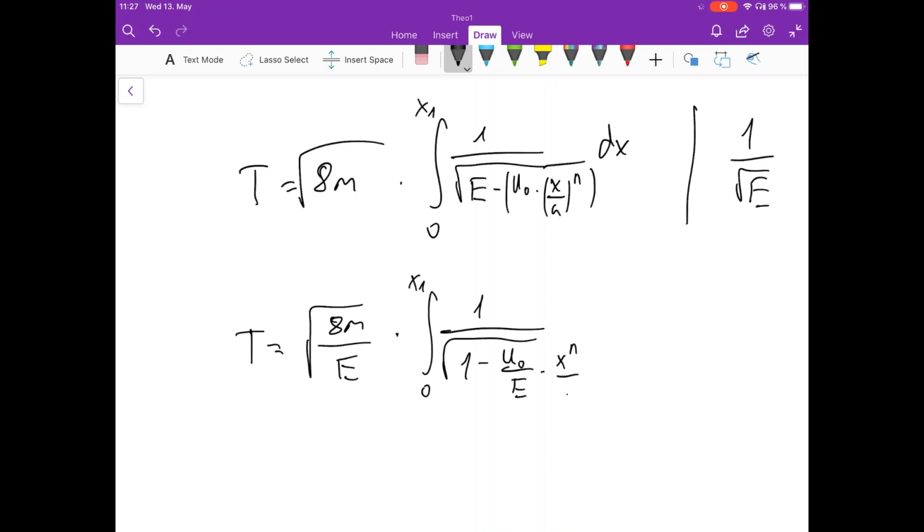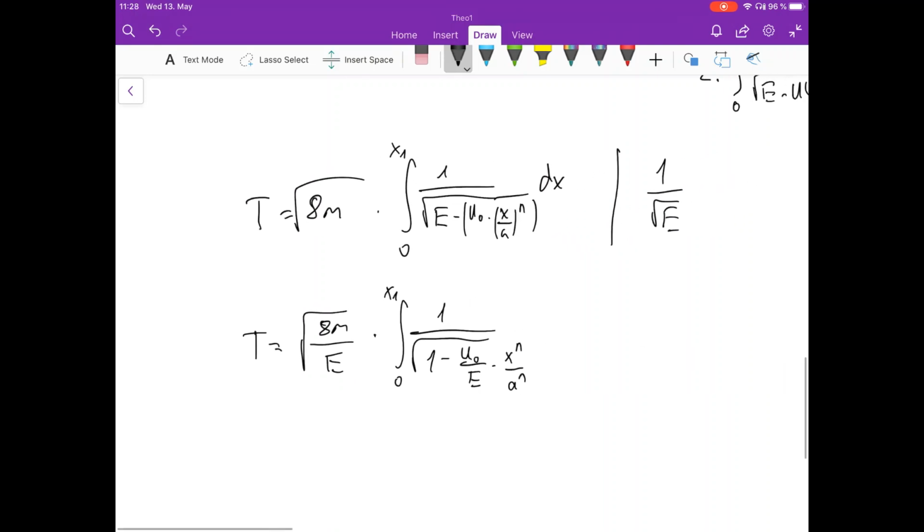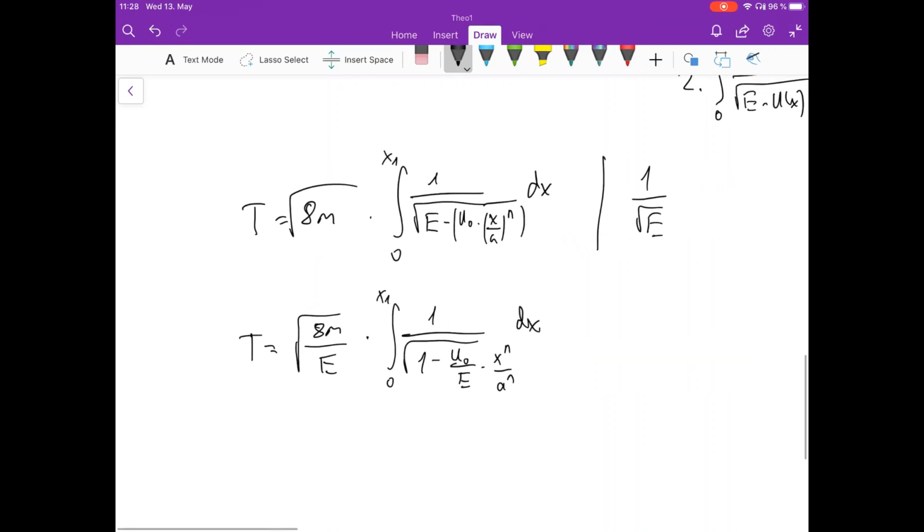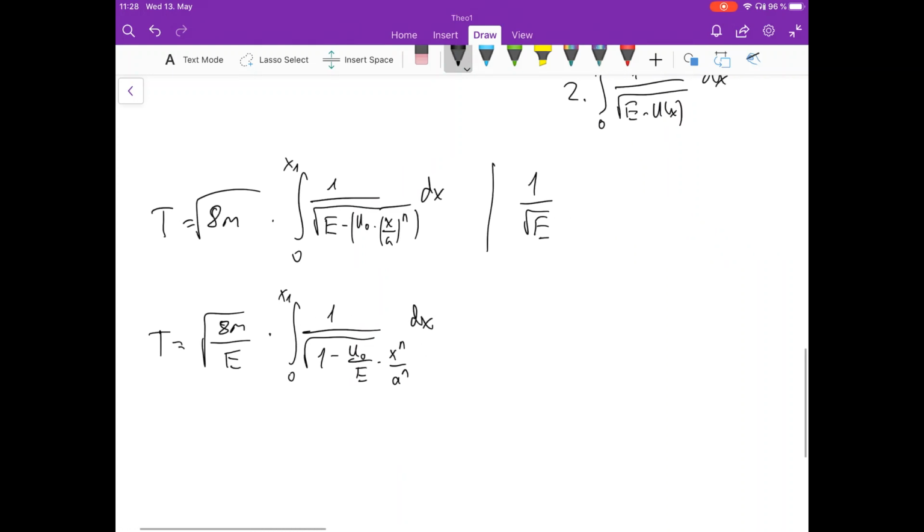So 1 minus u null divided by e times x to the power n divided by a to the power n, and dx, of course, not forgetting. So it doesn't seem so helpful at all. What are we going to do with this?